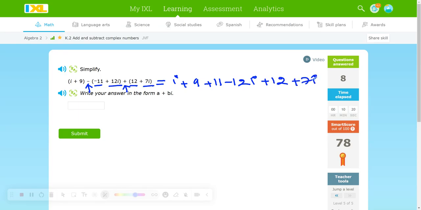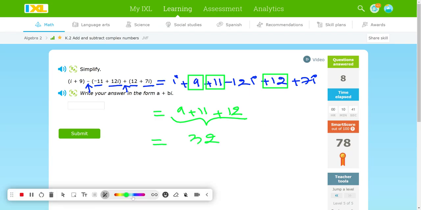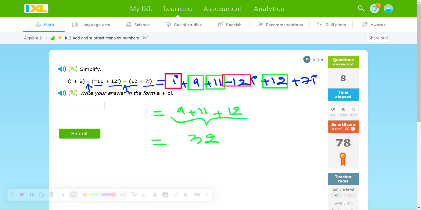7i, 7i. Now let's group number with number: 9, 11, and 12. Group them together in the front: 9 plus 11 plus 12. You should come out at 32. Now in the back, you group the i together: i, subtract 12i, and plus 7i.